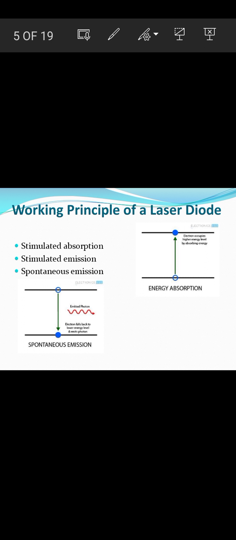These two emissions differ in the random nature of the spontaneous emission. Second is stimulated emission, and third is spontaneous emission.